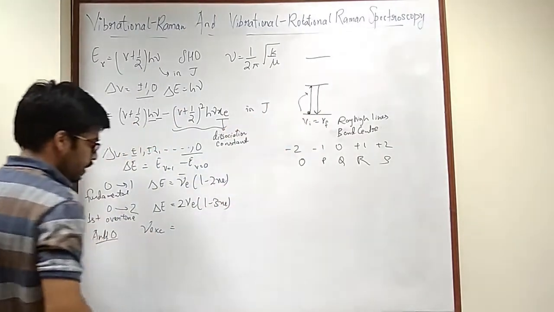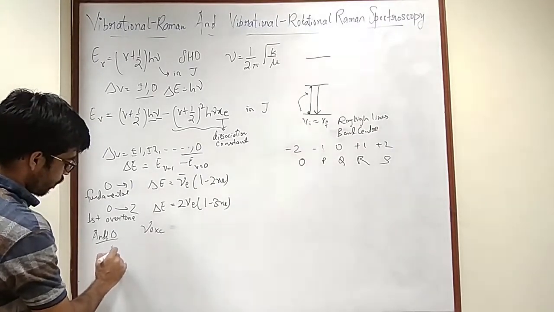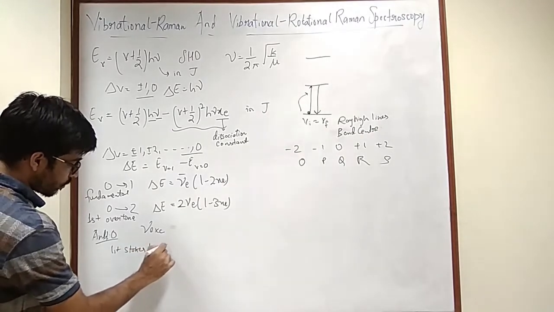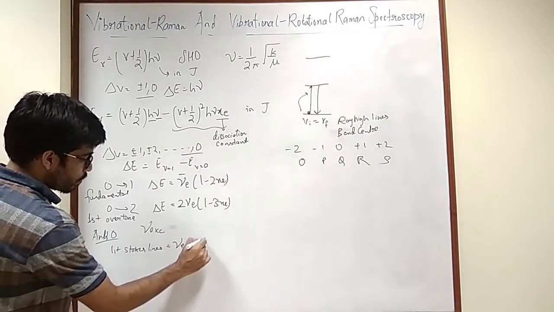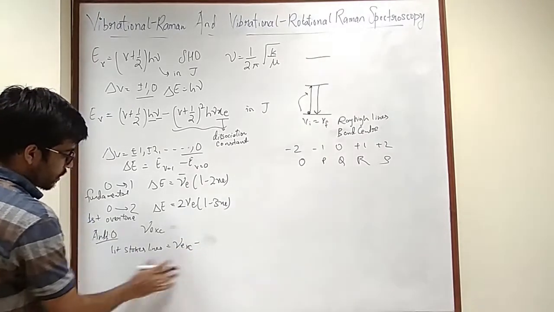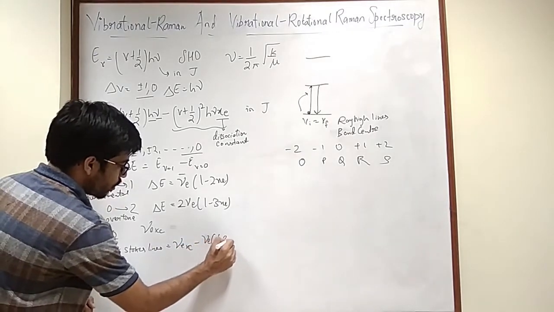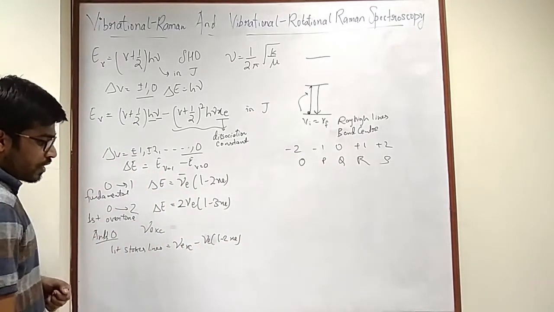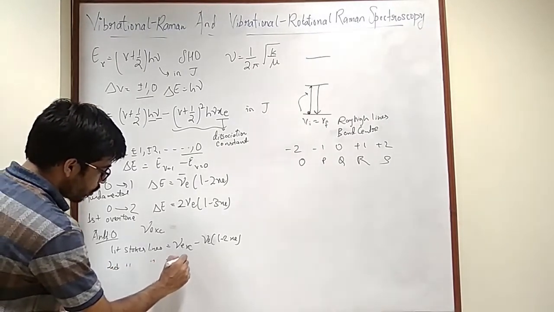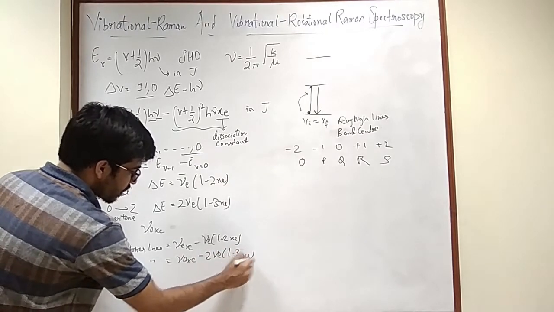So you will get the first Stokes line at nu excitation minus delta E. Considering the first Stokes line for the fundamental, that would mean nu E (1 minus 2 xe). The second Stokes line will be nu excitation minus 2 nu E (1 minus 3 xe).